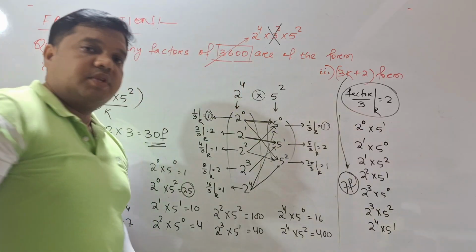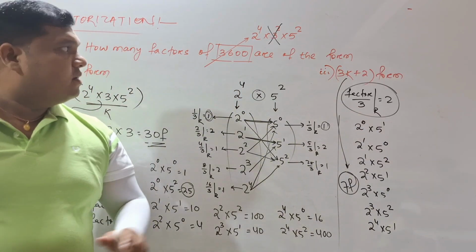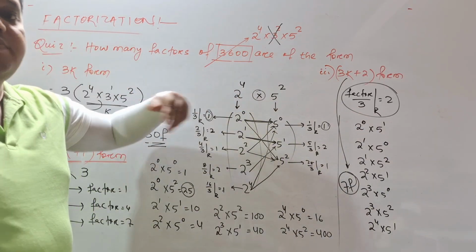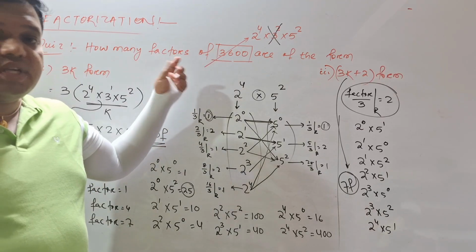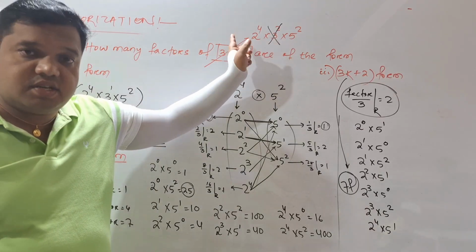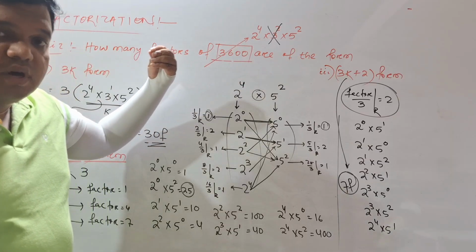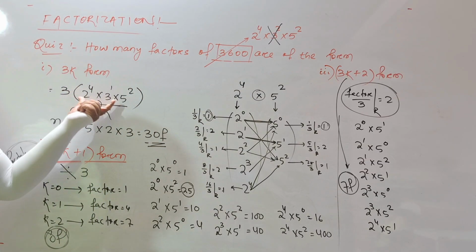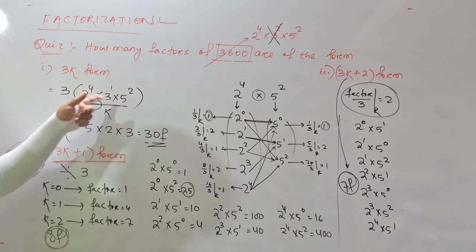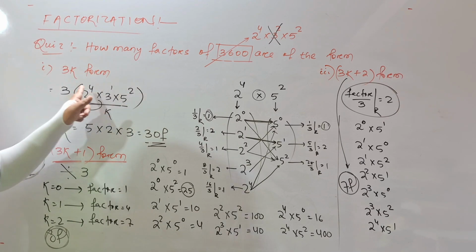Answer is 7. So once again I summarize this. For 3600, how many factors are 3k form? 3k form means you just take 1, 3 outside. First you do prime factorization. From there I take 1, 3 outside and the remaining you write inside the bracket, just do power plus 1.